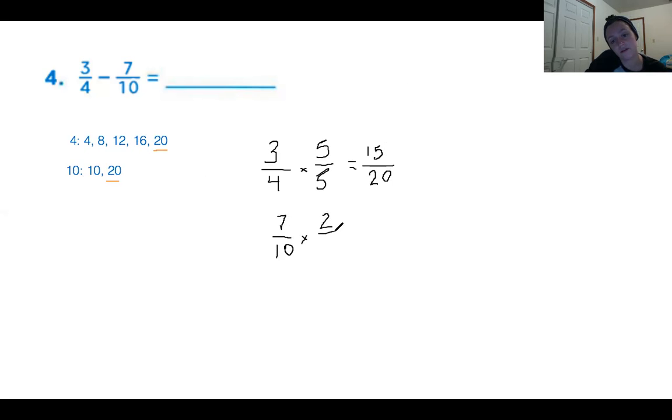Okay, so I'm going to have you start thinking. We know that 10 times 2 is 20. What is 7 times 2? If you said 14, you would be correct. So this fraction now becomes 14/20. 14/20 is an equivalent fraction for 7/10, and 15/20 is an equivalent fraction for 3/4.